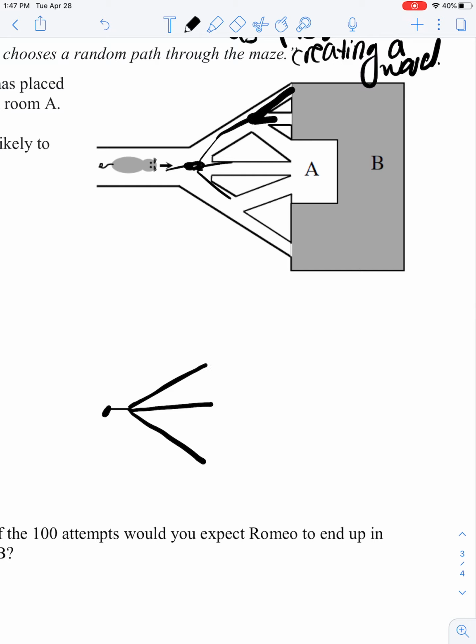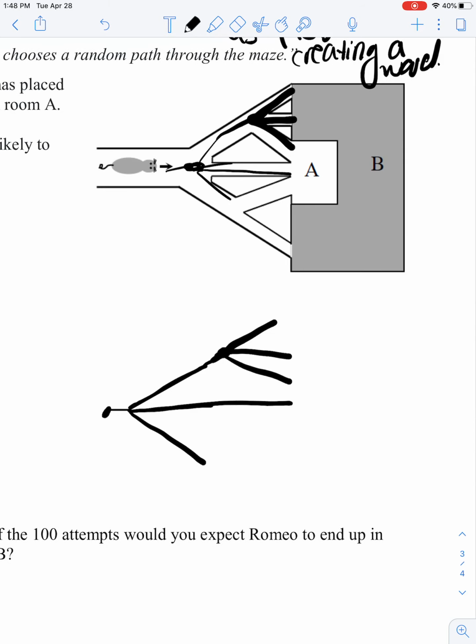Then once he gets here, he has 3 options: 1, 2, 3. If he goes straight, he's straight into room A. Then he goes here and has 2 options. So I'm just redrawing what his options are here.